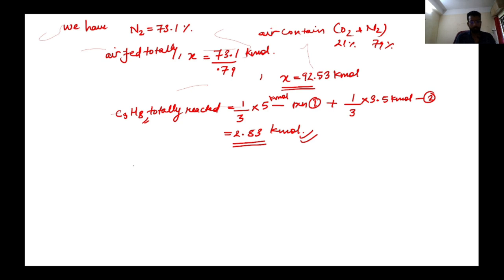Based on the first reaction, O2 theoretical required. Theoretical always comes from the equation. O2 theoretical required will be equal to 5. We are finding O2, so its stoichiometric coefficient will be the numerator. 5 divided by 1, the stoichiometric coefficient of C3H8, into totally reacted, that is 2.83 kilomole.